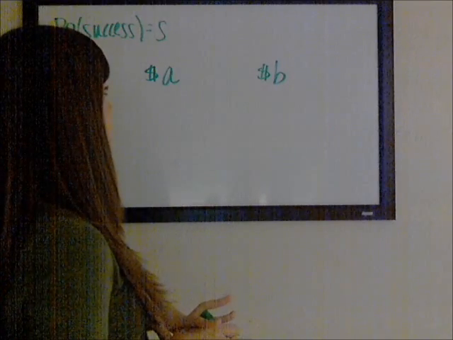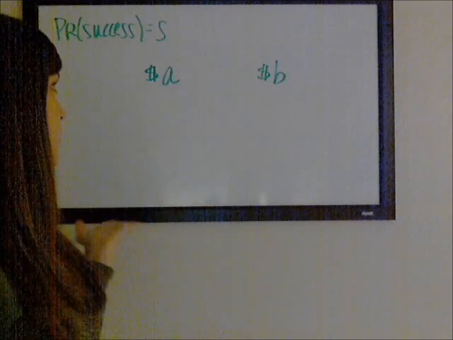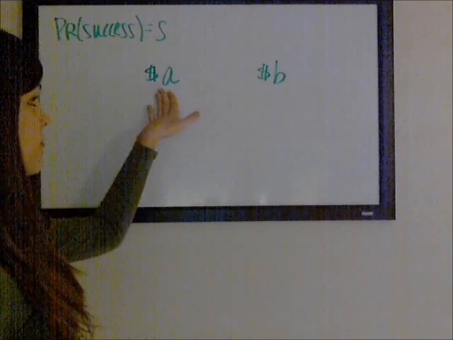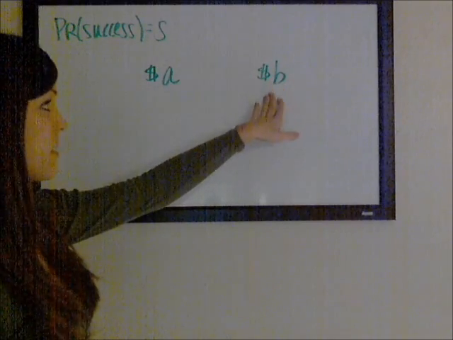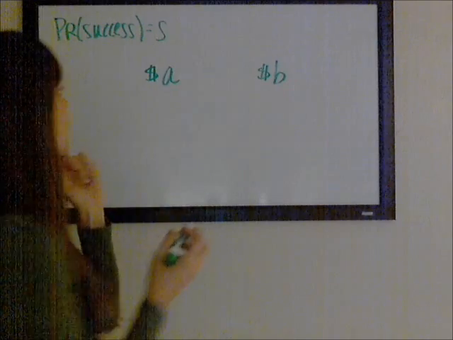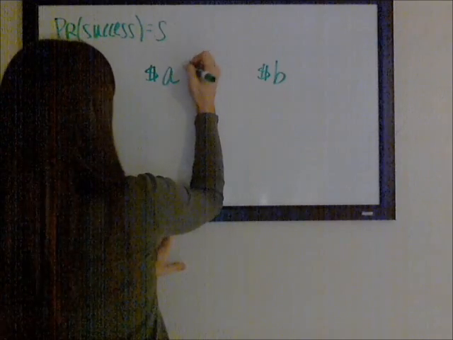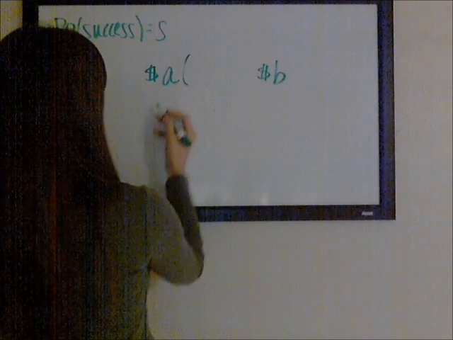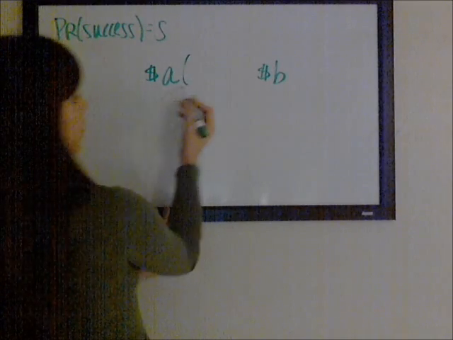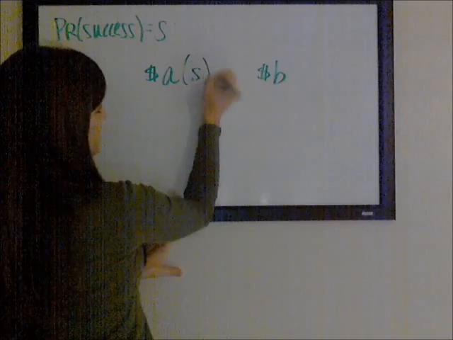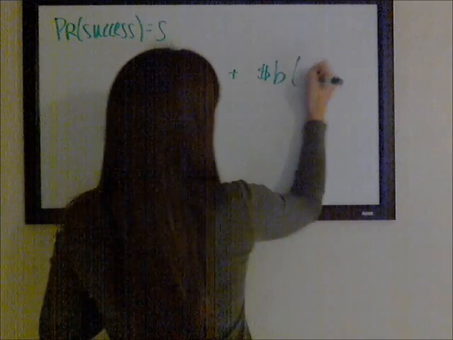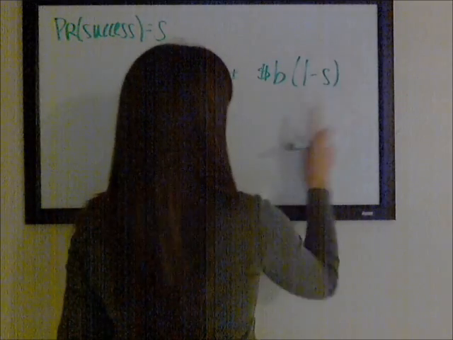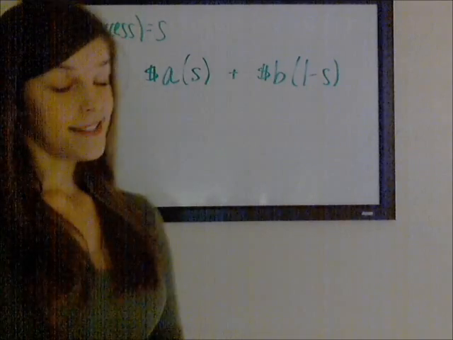So then the amount of money that I think I'm going to spend would be 0.7 times $A plus 0.3 times $B. Let's say, it doesn't matter which one you choose, but let's say that the probability of getting this puppy is S, success, and then the probability of getting this other one will be 1 minus S.